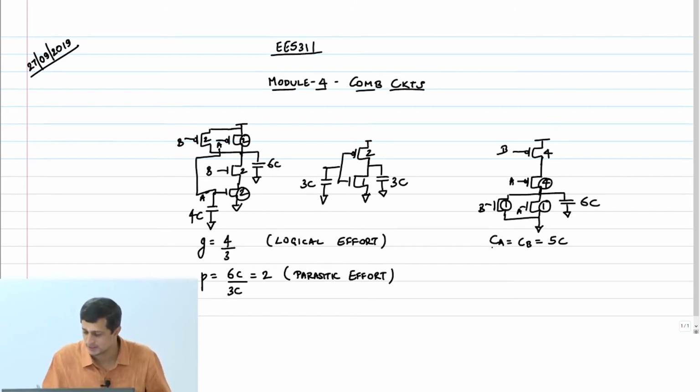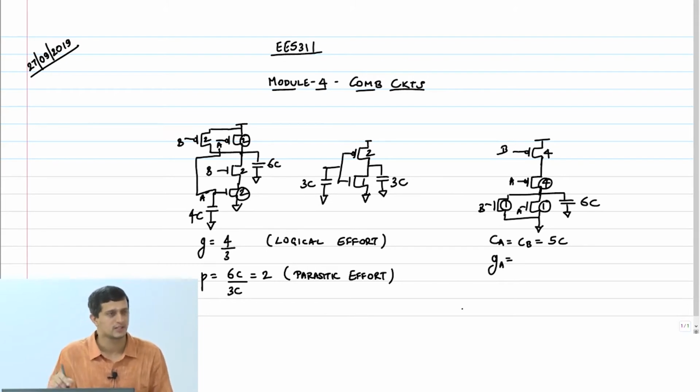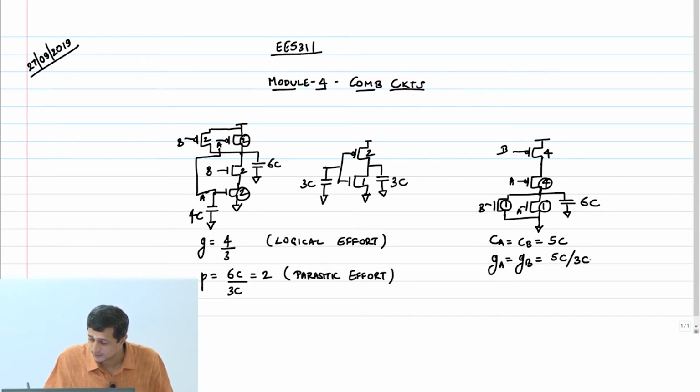So logical effort G, actually remember logical effort can be different for different inputs. In these cases they just happen to be the same. GB equals how much? 5C divided by 3C, that is 5 by 3.